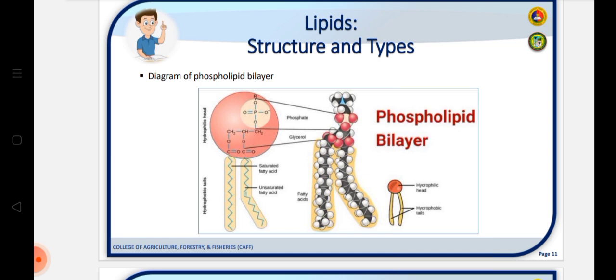When placed in water, phospholipids spontaneously arrange into a bilayer with hydrophobic tails facing inward and hydrophilic heads facing outward. This arrangement forms a semi-permeable barrier that regulates the movement of substances in and out of the cell.